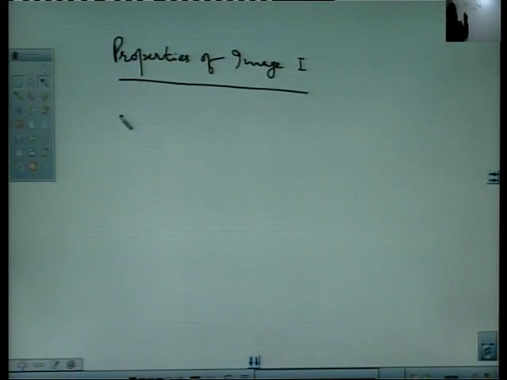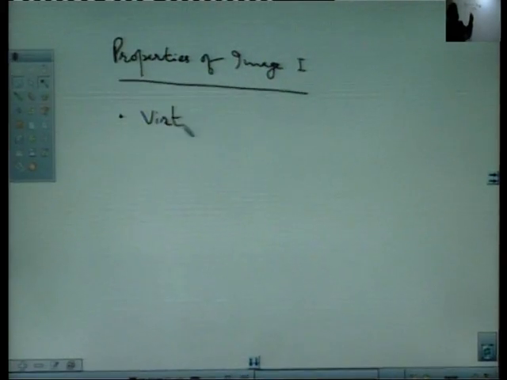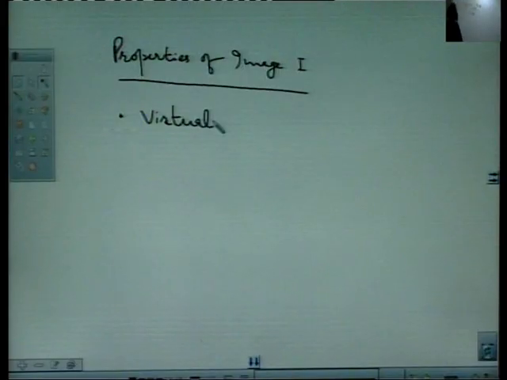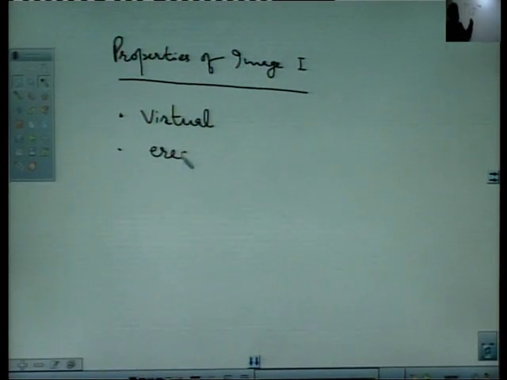This image is first of all virtual, because rays after reflection from the mirror do not actually meet, they appear to meet at point I, hence the image is virtual. Image is erect. Image is of same size.